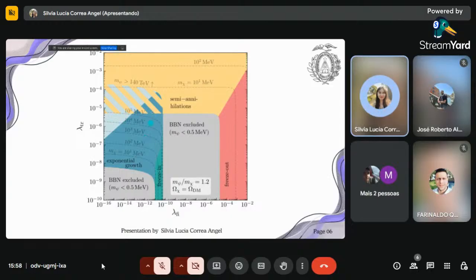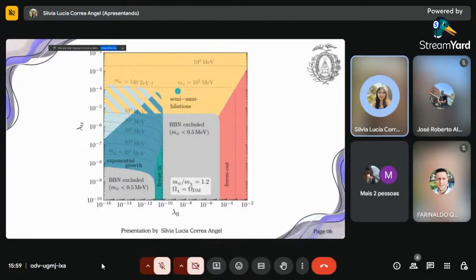And they have separated the different scenarios with colors. For example, in the green region they are using freeze-in. In the red region they are using freeze-out. In blue they are using freeze-in, and freeze-out in the yellow region.